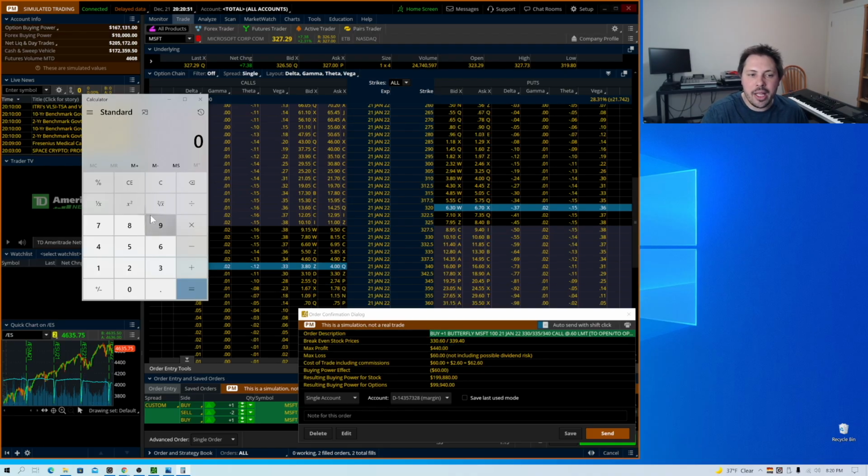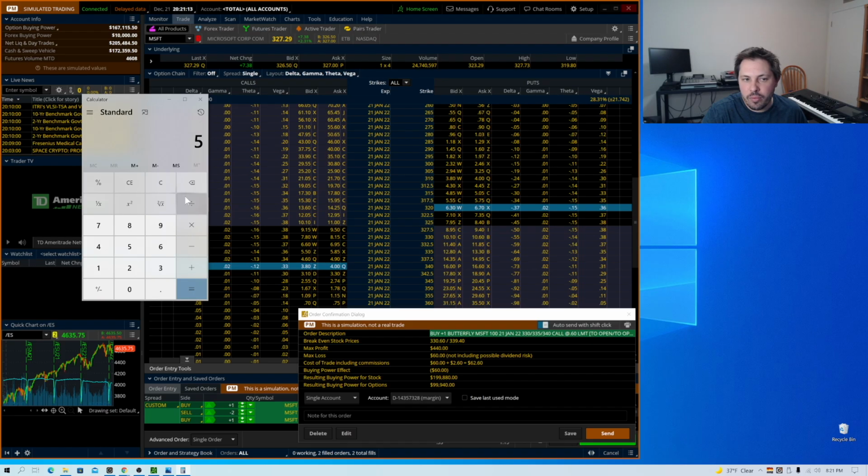Okay? Now, again, when we think about the risk on spreads, how do we actually get that 440 max profit? Well, remember, it's a 5-point spread, and our risk on that is 60, right?